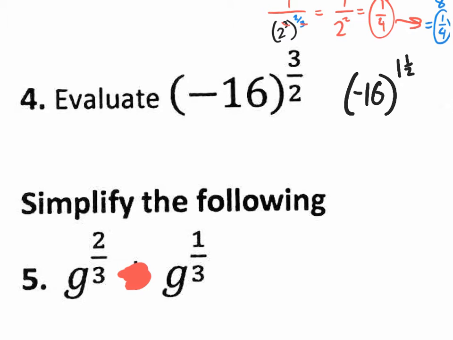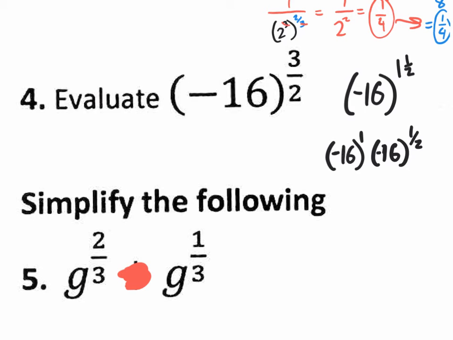So you could use rule 1 of exponents backwards, where you split the base -16 times -16, and the first -16 will have the power of 1, and the next -16 will have the power of 1/2. Does that make sense? This is one way of dealing with this, just changing that improper fraction to a mixed fraction and then splitting the base using rule 1 of exponents backwards.